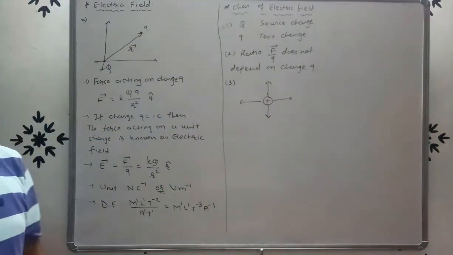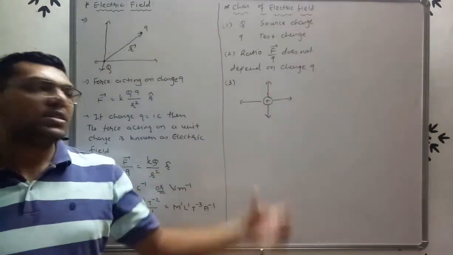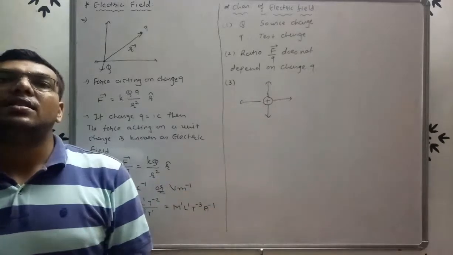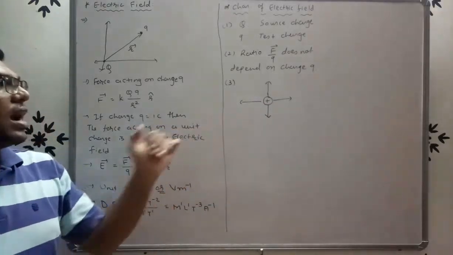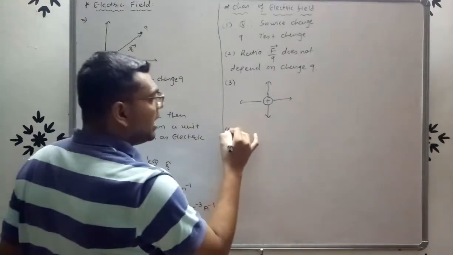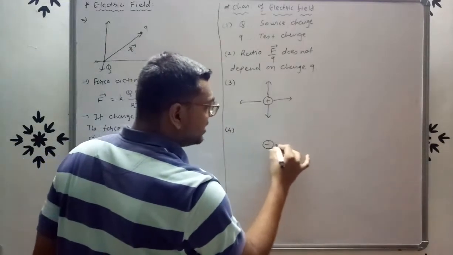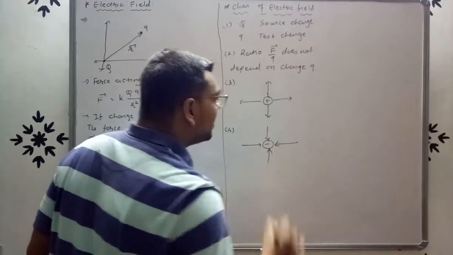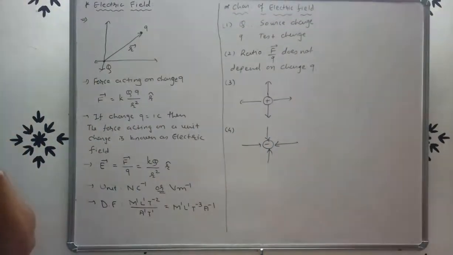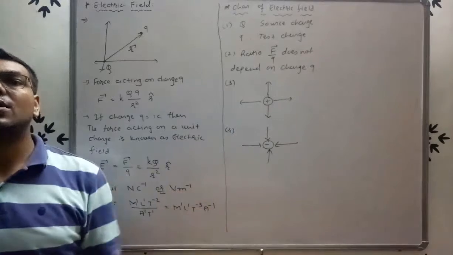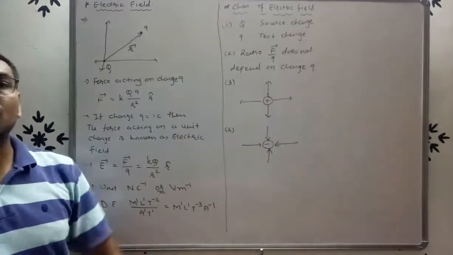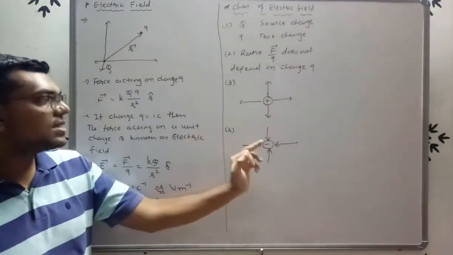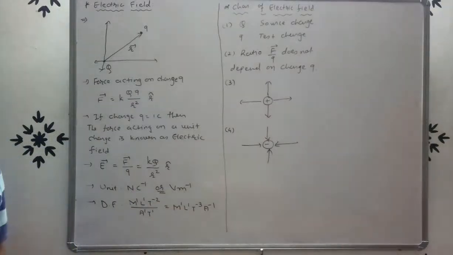You have to remember, if there is a positive charge, then the electric field is outward, and if there is a negative charge, then electric field is inward. So for positive charges, the direction of electric field is outward, and for negative charges, the direction is inward. Right?